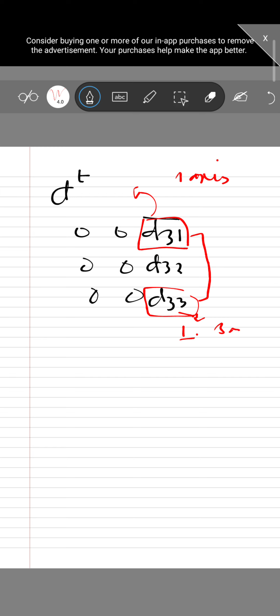And then we will have D44, D45, D55 and D66.